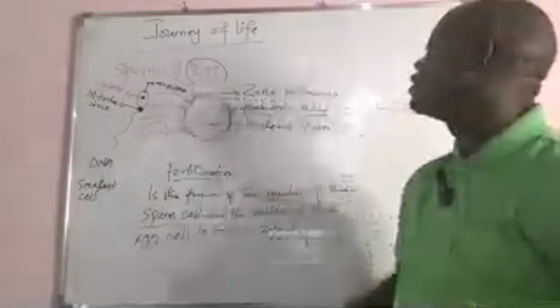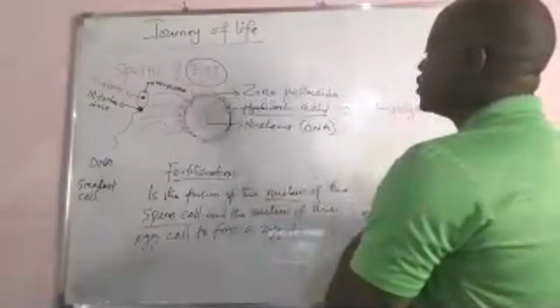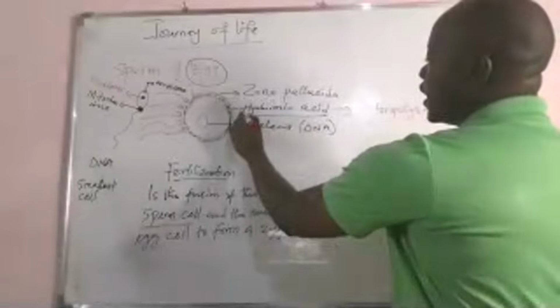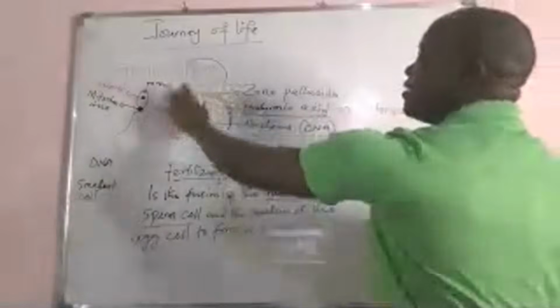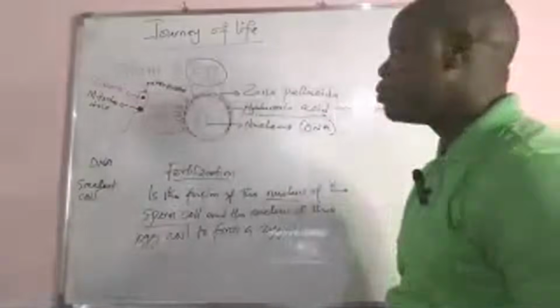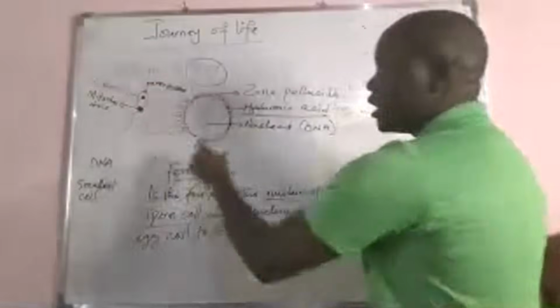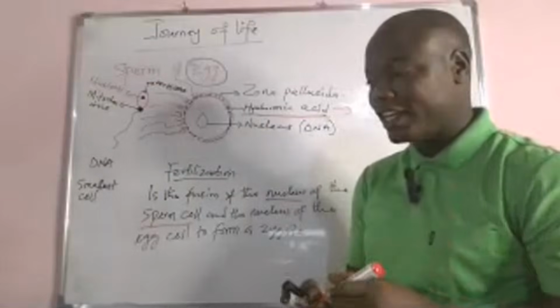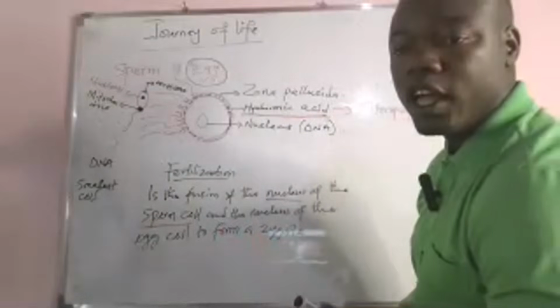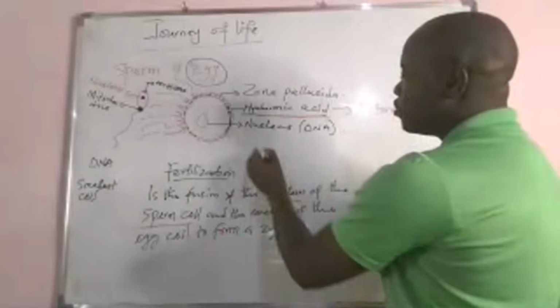So in this zona pellucida, there is hyaluronic acid that covers the entire egg. For the sperm cell to get into the egg, it must release an enzyme called hyaluronidase.